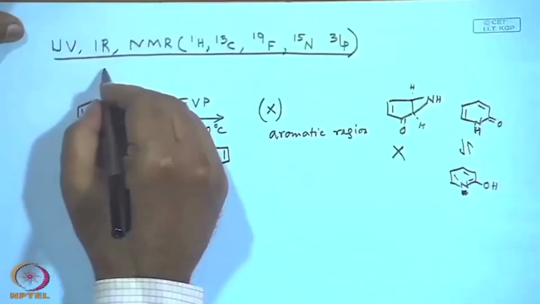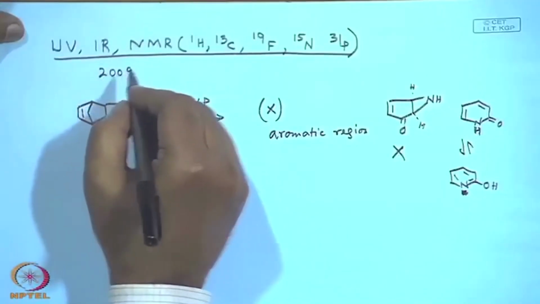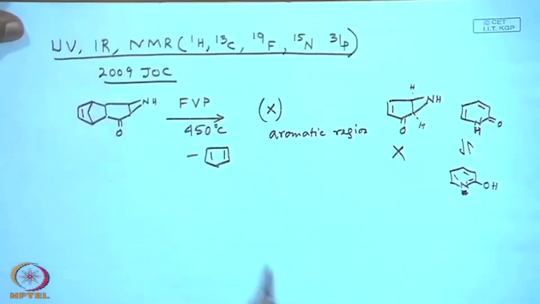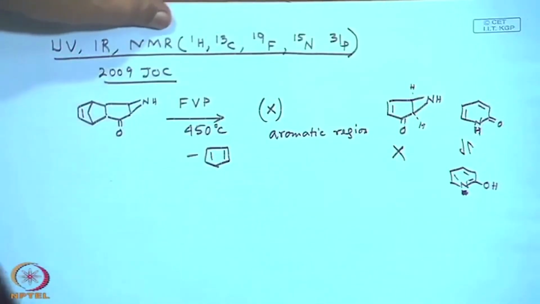A few minutes ago I said that carbon NMR is a very important one, that is what I thought in fact, but it did not work. For your information, this is our paper I published in 2009 in JOC.